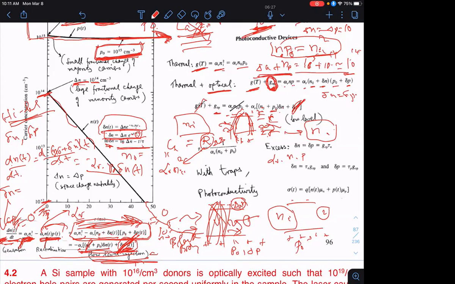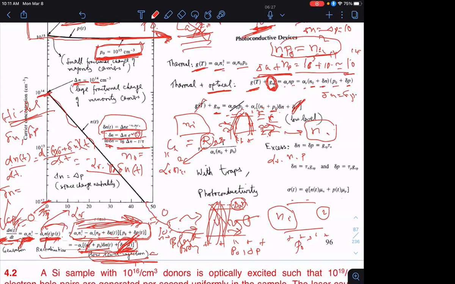And the key physical insight is that the recombination rate should be proportional to the number of electrons in the conduction band, n of t, times the number of holes in the valence band. And that makes sense, right? Because if you have a lot of electrons and holes, there's more opportunities for the electrons to fall into the vacant hole states. If you have very few electrons and very few holes, the rate at which they'll recombine would be lower. So that's really the key concept.